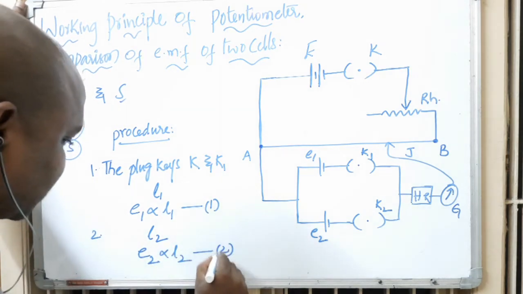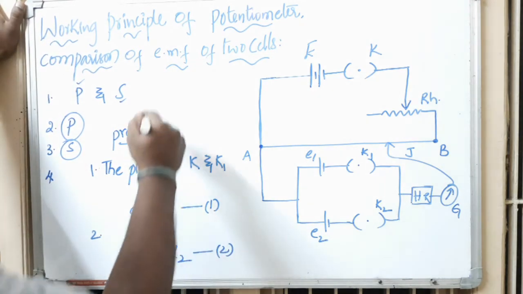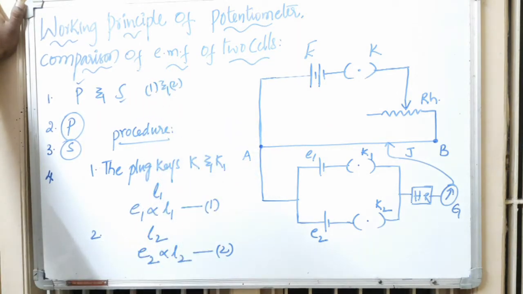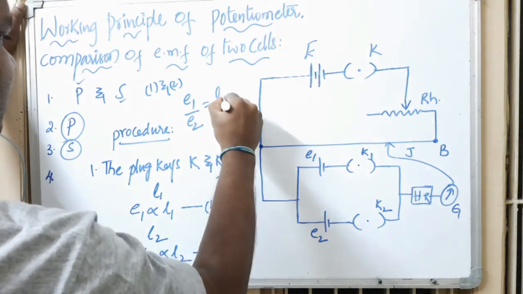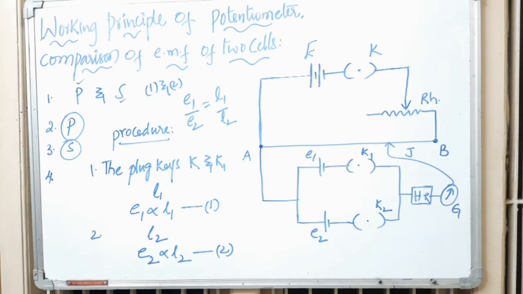This is equation 2. From equation 1 and equation 2, we can write E1 by E2 is equal to L1 by L2. So this is the total answer for working principle of potentiometer and comparison of EMF of the two cells.